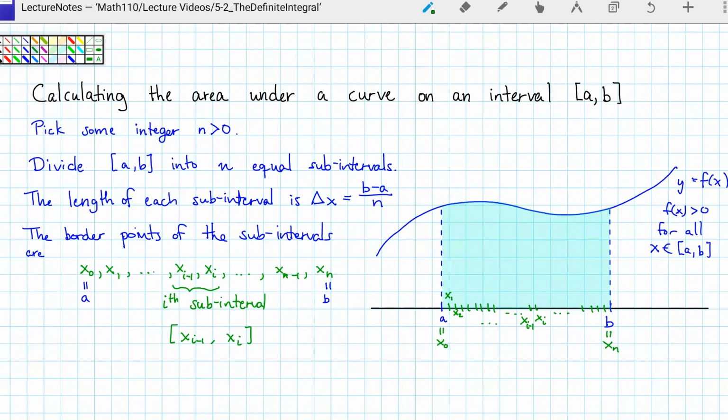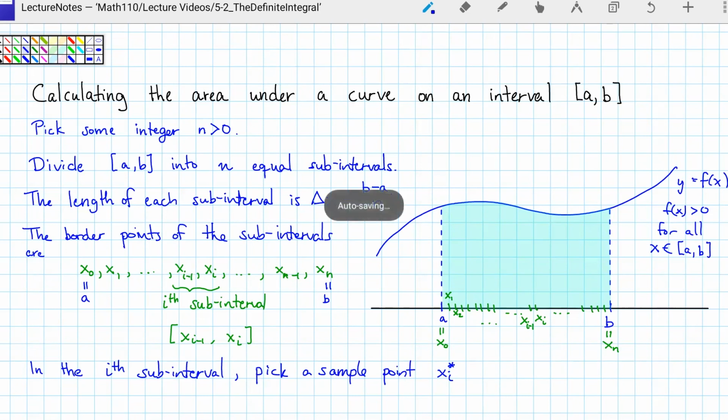Okay, so in each subinterval, we are going to pick a sample point. And so I'm going to say in the ith subinterval, which is the generic subinterval, we're going to pick a sample point called xi star. Okay, that star just basically means it's not designated, it's whatever we choose.